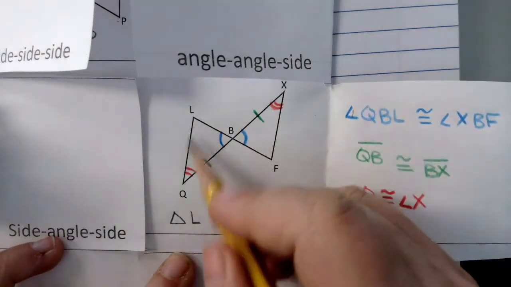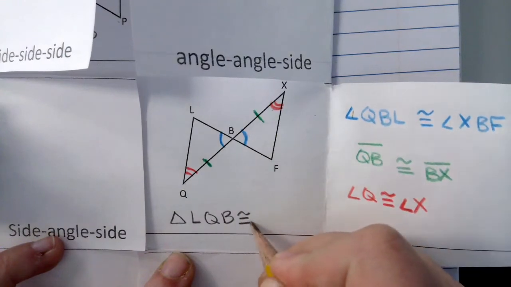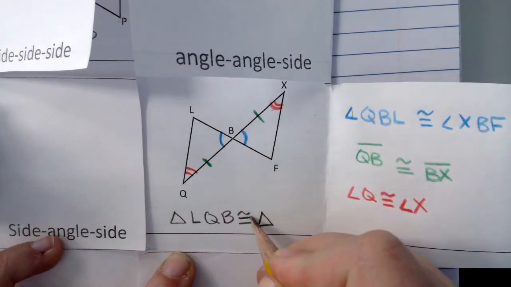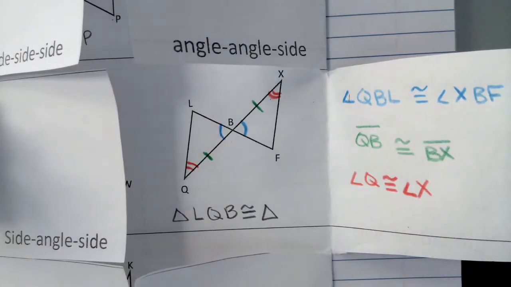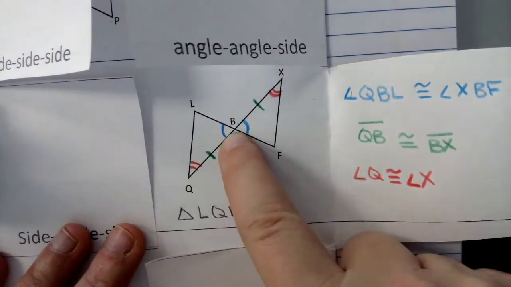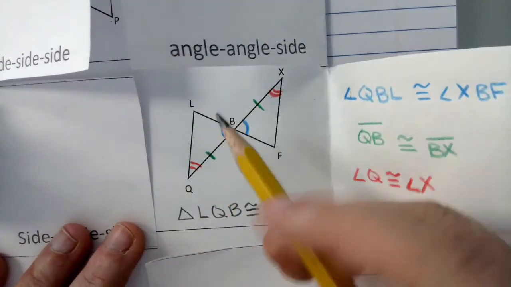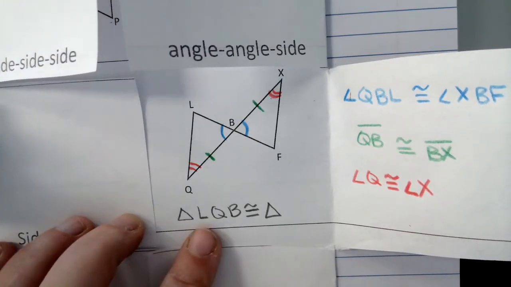So when you go to that next triangle, what's going to match with L? F. Yeah, it's the only one that's not marked. Okay, then we went to Q. So where am I going to go after F? Should I go to X or to B?